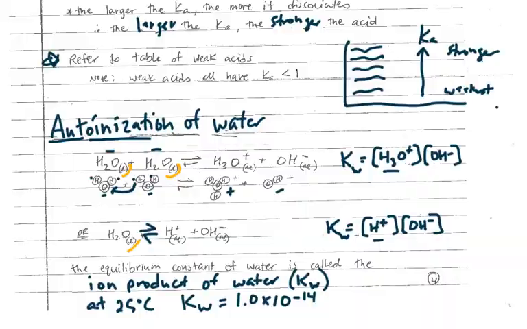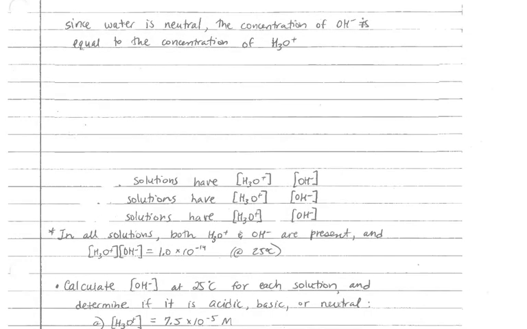Okay, so since water is neutral, and the definition of neutral is that it has equal numbers of hydronium and hydroxide ions, we can say that the concentration of hydronium equals the concentration of hydroxide in water.